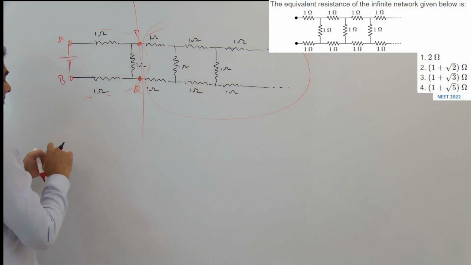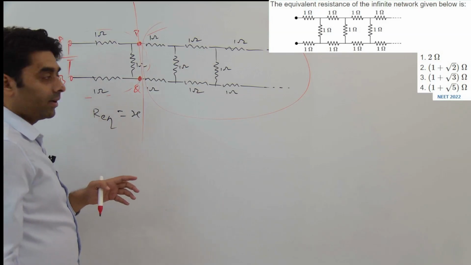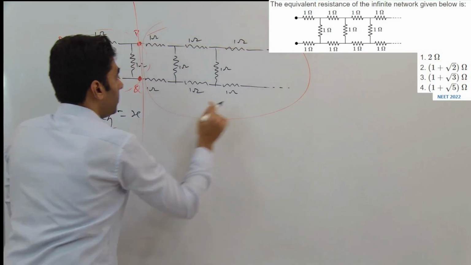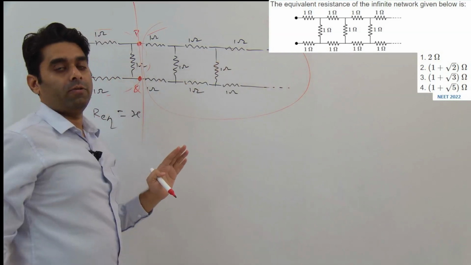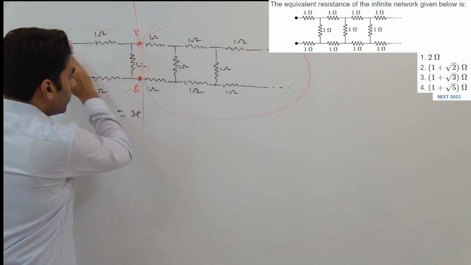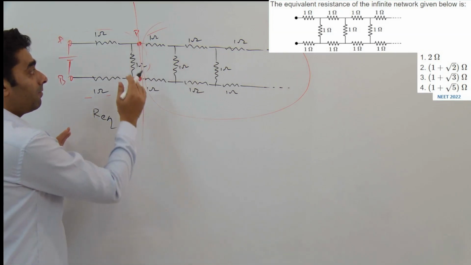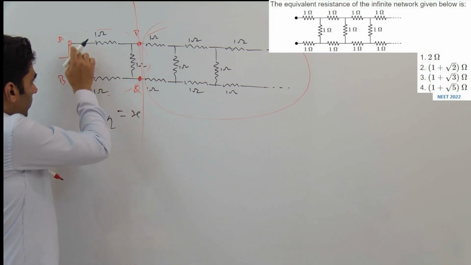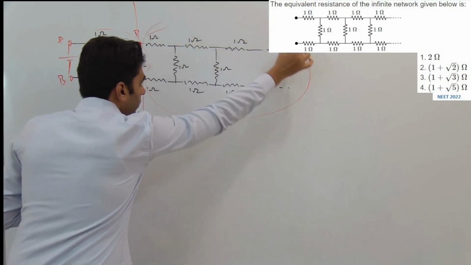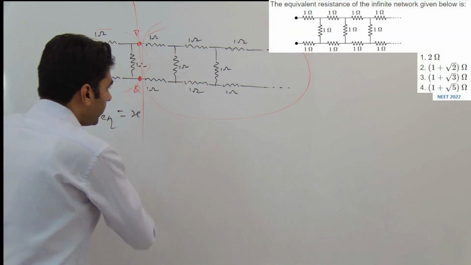Let's say the R equivalent between A and B is X. Let's say R equivalent is X, between these. That means for this whole part, because if we remove one part, it does not affect the infinite ladder of resistors. If we remove these 3 only, which are getting repeated and forming the infinite ladder, it does not affect the R equivalent. And therefore, if here it is X, that implies for this whole part also your R equivalent should be X only. So I will redraw it.